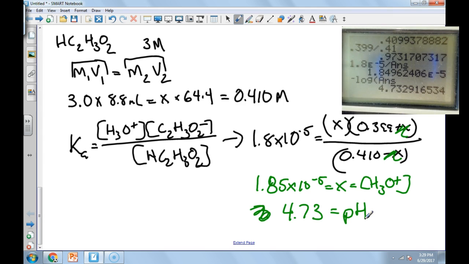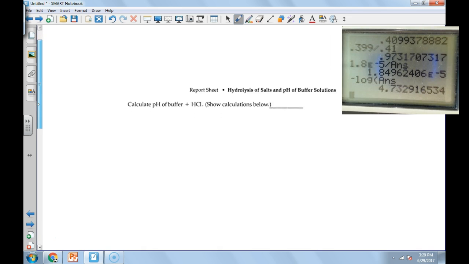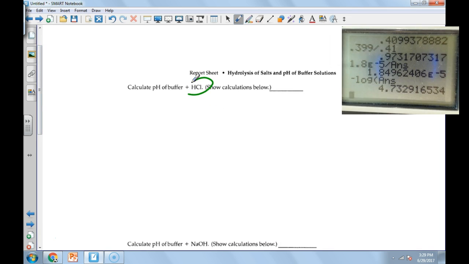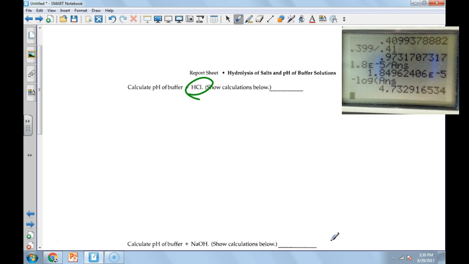Okay, that's all fine and dandy. But now the second part of this says that you want to calculate the pH of the buffer solution after we've added the HCl. Now, the point of the buffer solution is that it's going to keep everything right around whatever the initial pH of the buffer solution was.